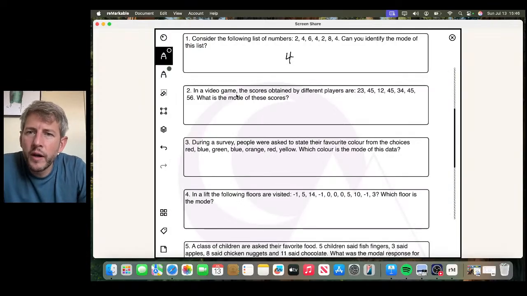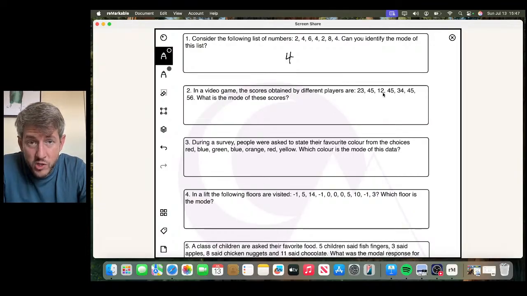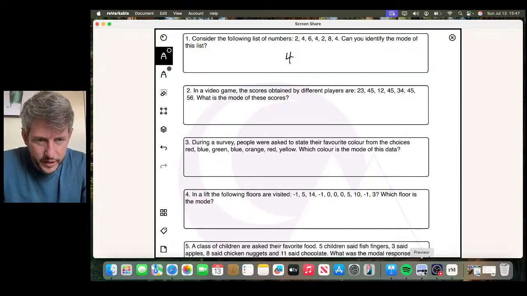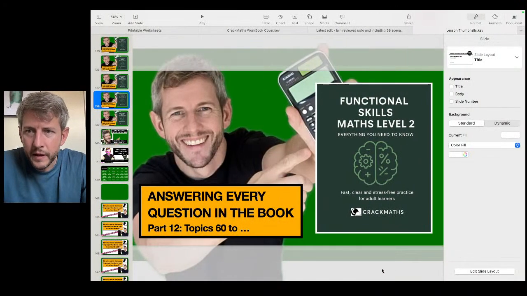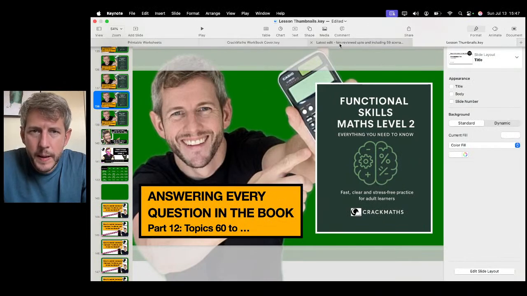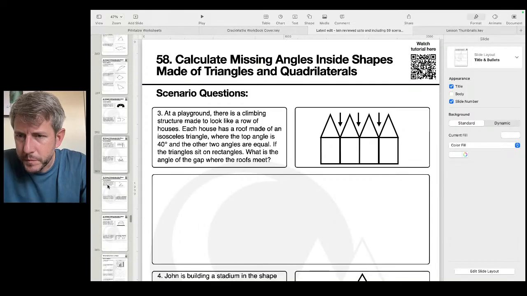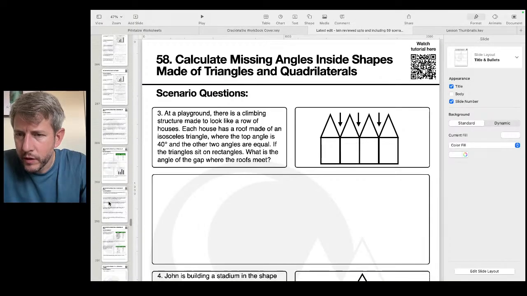Next one, we've got in a video game, the scores obtained by different players are 23, 45, 12, 45, 34, 45, and 56. What is the mode of these scores? I don't like the fact that the 56 is on a different line. I'm just going to quickly edit that out.